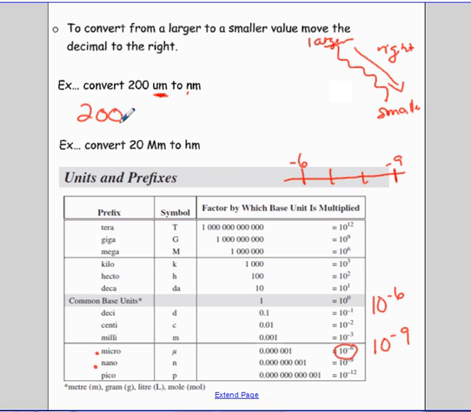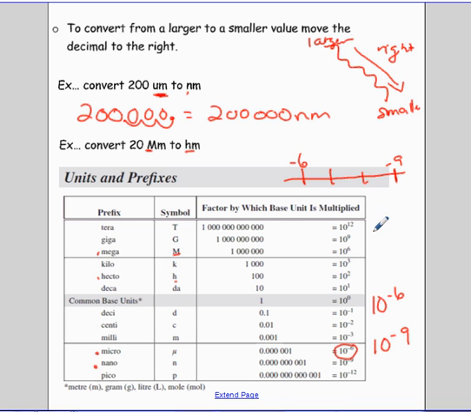So 200, this is our decimal. We move it 1, 2, 3 spaces to the right, fill these spaces in with zeros, and we get 200,000 nanometers.